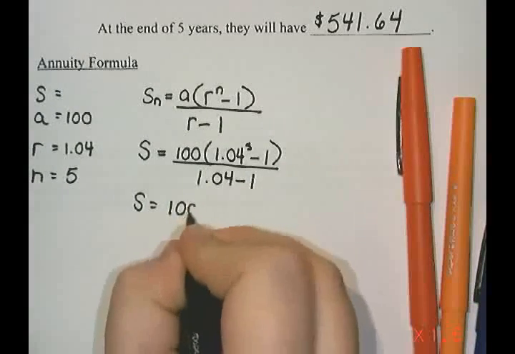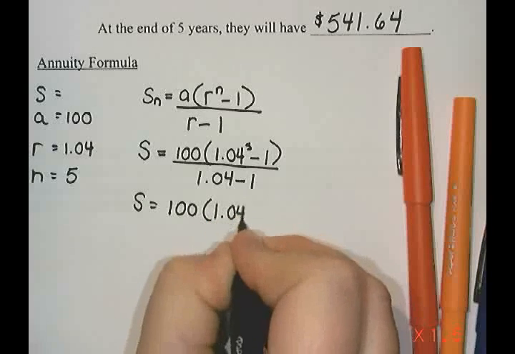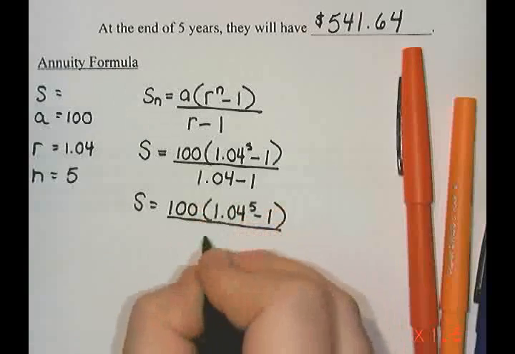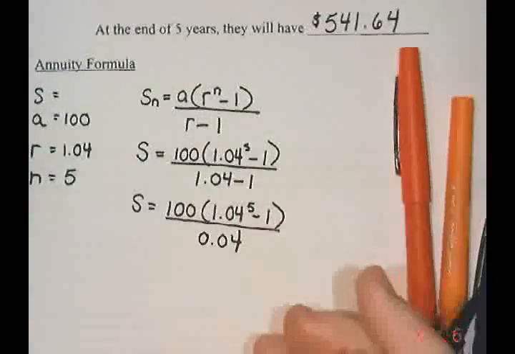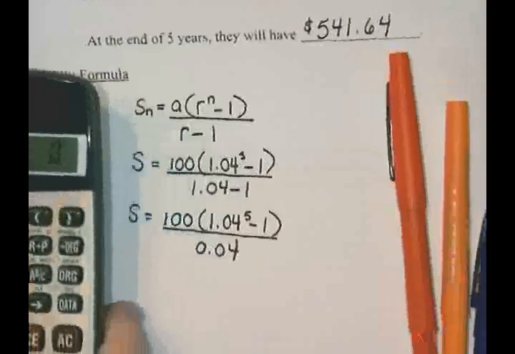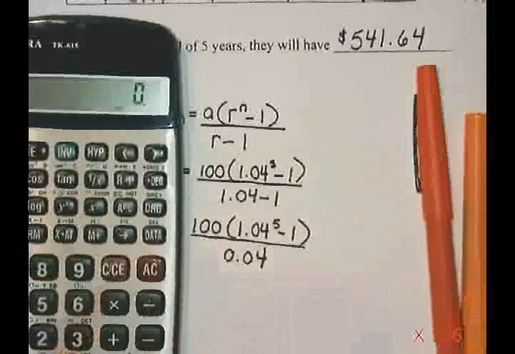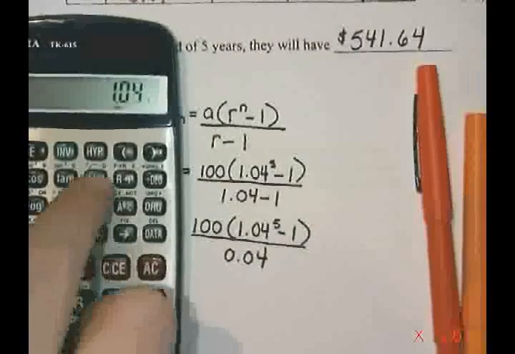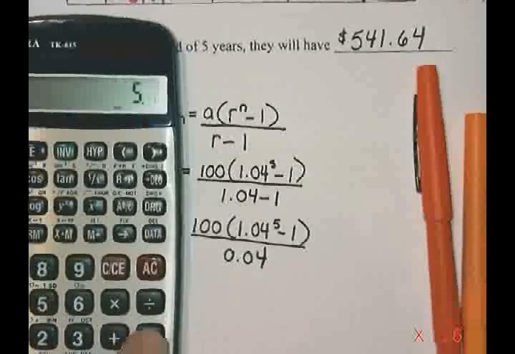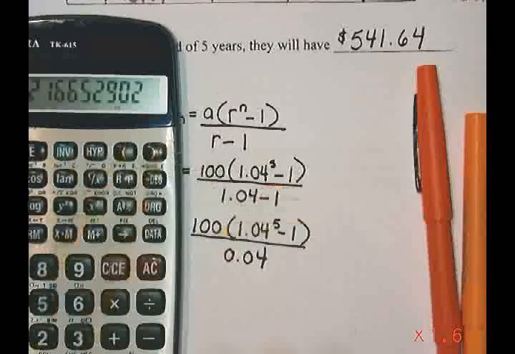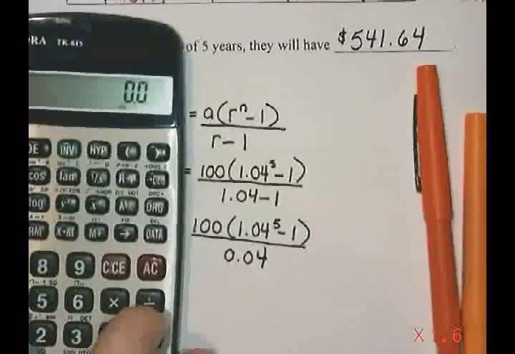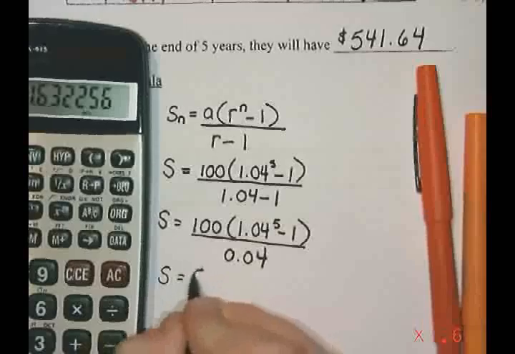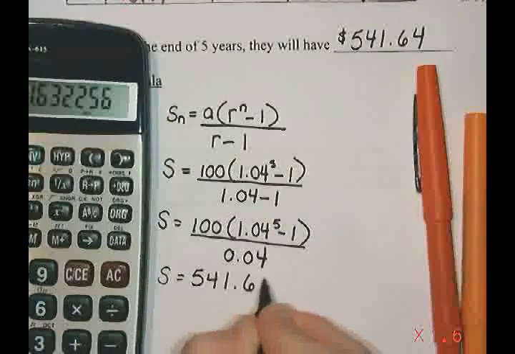Now I'm just going to simplify this. So I have 100 times 1.04 to the power of 5, take away 1, over, that's going to be 0.04. And then if I use my calculator and I calculate that, 100 times bracket 1.04 to the power of 5, take away 1, close bracket, divided by 0.04 gives me $541.63.